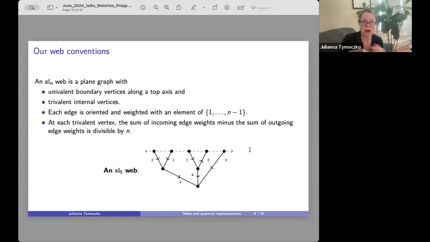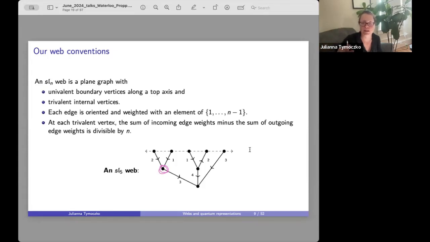So here's a picture of an SL5 web. Each of the boundary vertices just has one edge. Each edge can be in or out. All right, here's a vertex on the top left. It's got 2 edges coming in, labeled 2 and 1, and 1 edge going out, labeled 3.